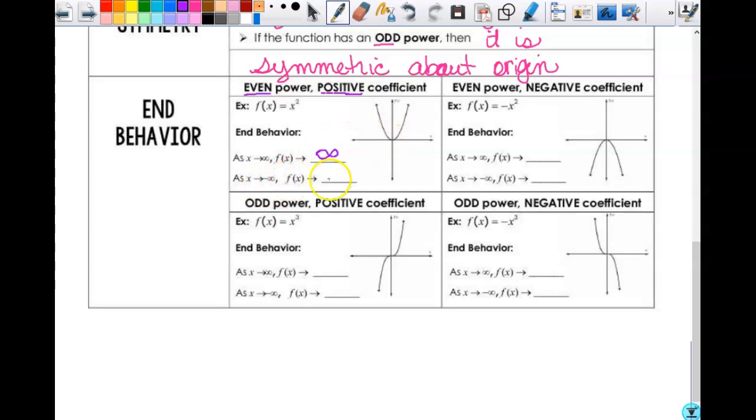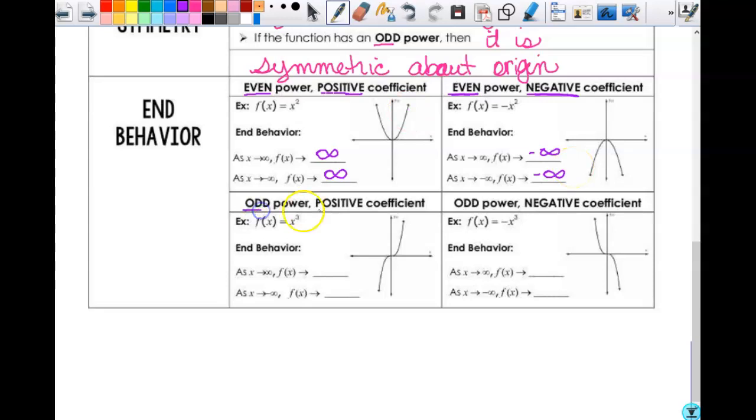As x approaches negative infinity, f of x approaches infinity. If it's an even power with a negative coefficient, that's a reflection in the x-axis, so it reflects down and we'd have negative infinity, negative infinity. So notice, if we have an even power, it's either up, up, or down, down, and that's what's important to us here.